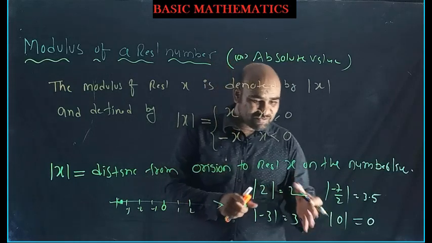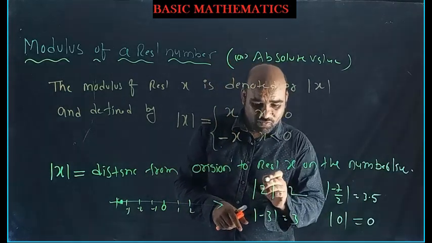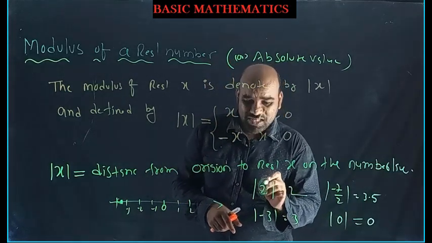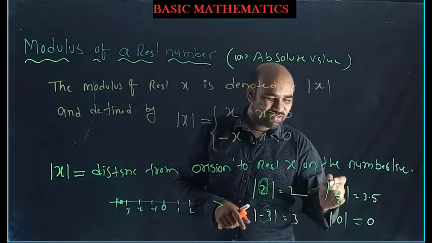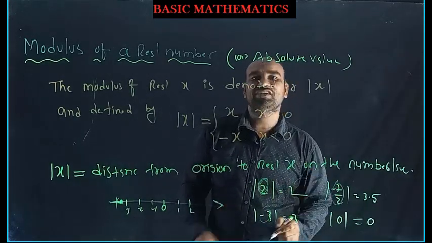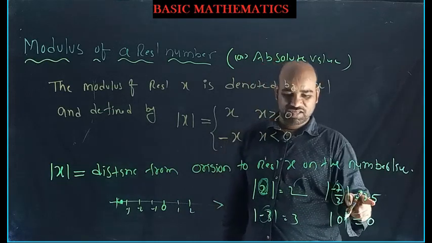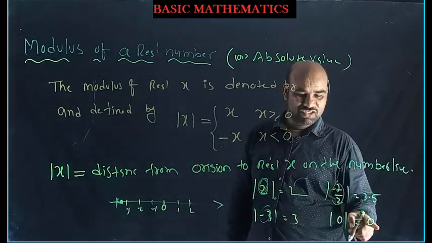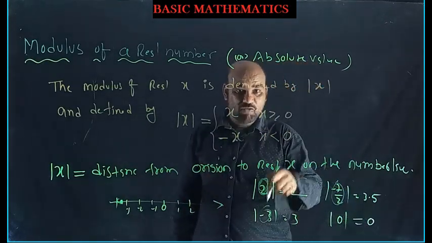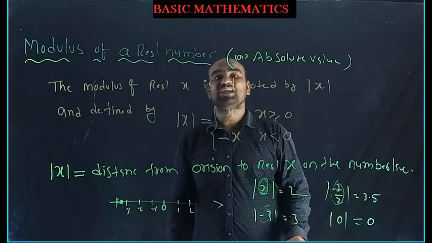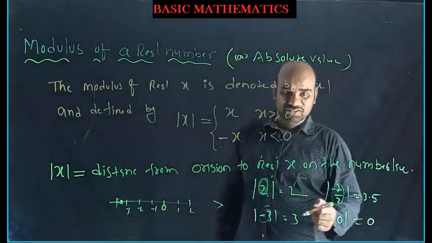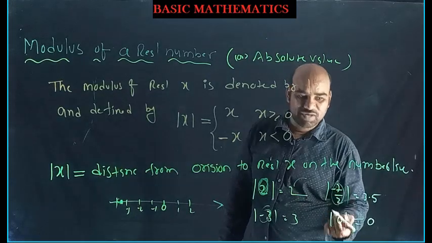So what is the meaning of this? Modulus of any real number, whatever is inside, the output is a non-negative real number. 2, 3.5, 3, 0. Whatever the input, the output is non-negative. You won't get a negative real number. Distance won't be negative.